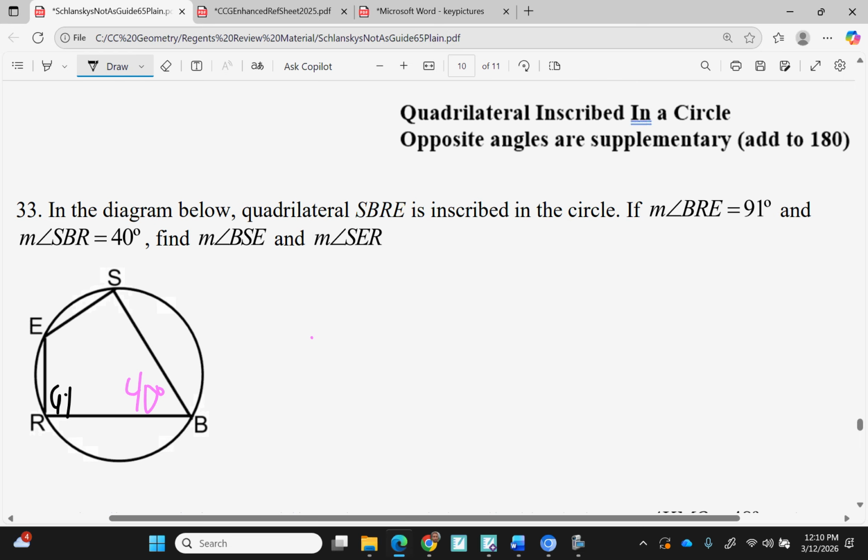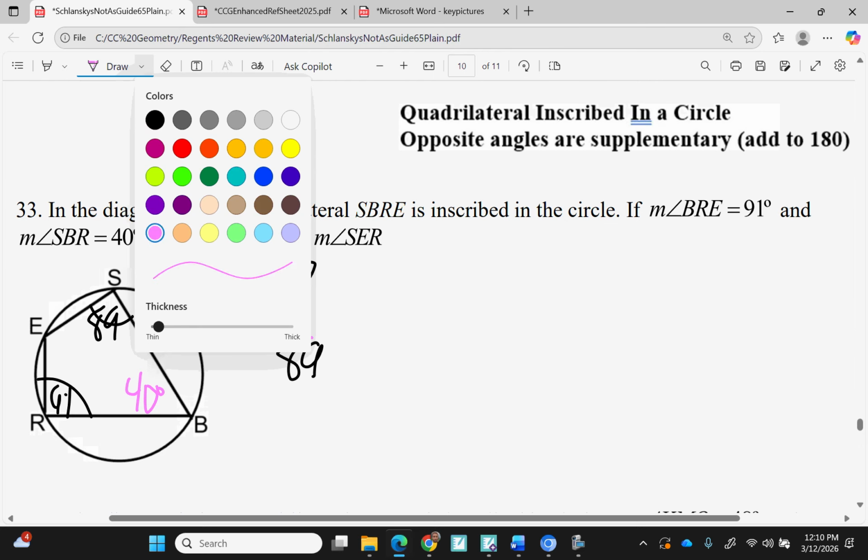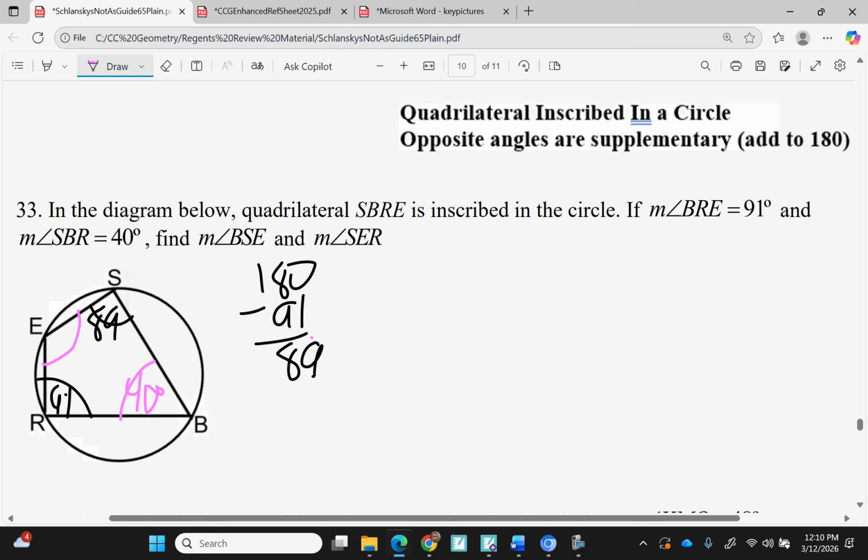Well, the rule is when I have a quadrilateral inscribed in a circle, the opposite angles add to 180. So 180 minus 91 is 89. This angle is 89. For the pink, this is opposite that. 180 minus 40 is 140.